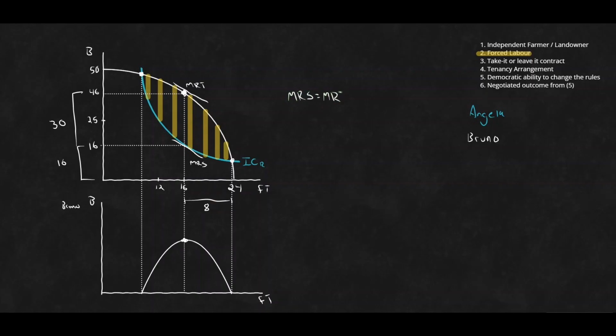Now, keep in mind, this isn't going to be a higher indifference curve that Angela gets to because Bruno is always just going to capture any of the extra, so she cannot get to higher indifference curves. But just the same, when those two are equal, marginal rate of substitution to marginal rate of transformation, Bruno altogether has maximized the exploitation of Angela, and thus is getting the highest return possible for him.